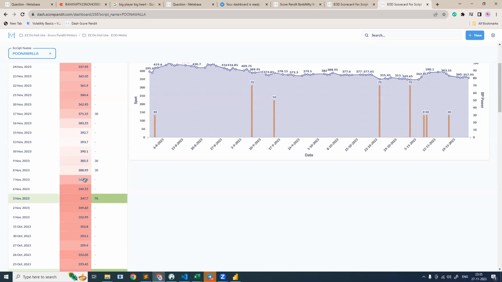So the plan is that using Score Pandit's EOD scorecard, if you are able to get 3% average returns by investing, say, 10,000 in a stock, within less than 3 to 4 sessions, or maybe less than 1 week, you book that profit and move into the next trade of the same 10,000 in the next week. Maybe it might take 7 days again, but you will quickly get 3 to 4%, and so on.